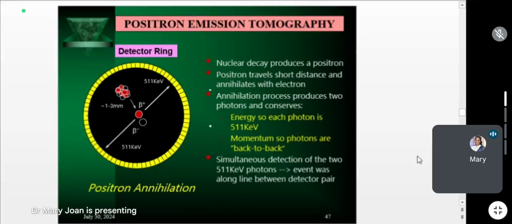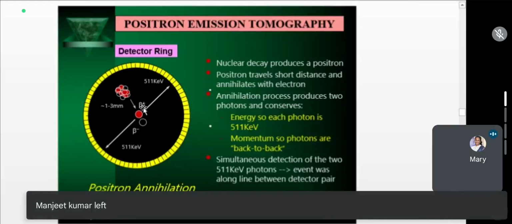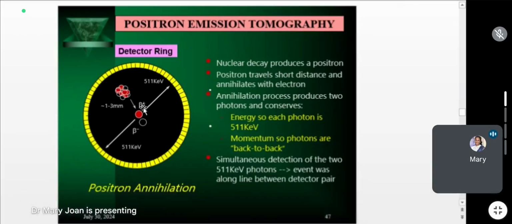So coming to the tomography, the machine where how we are utilizing this. So I was telling you this isotope will produce a positron which is beta plus, so that travels a short distance and annihilates with an electron.